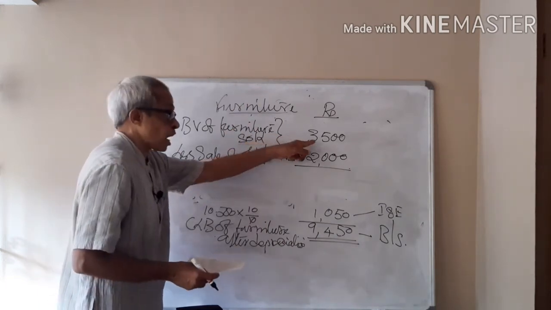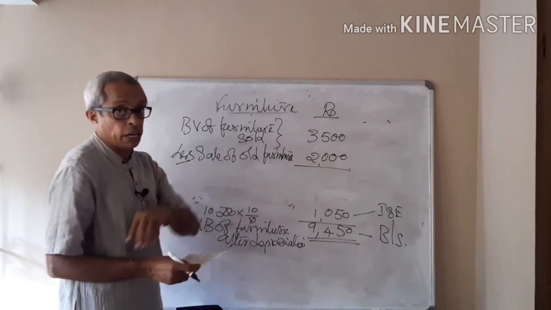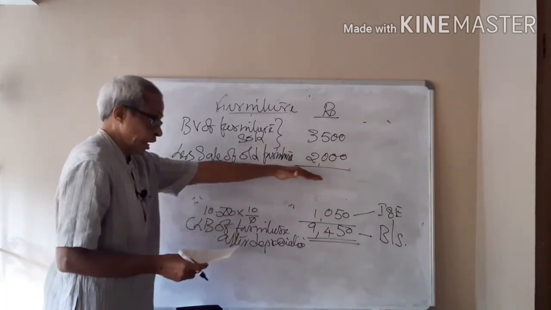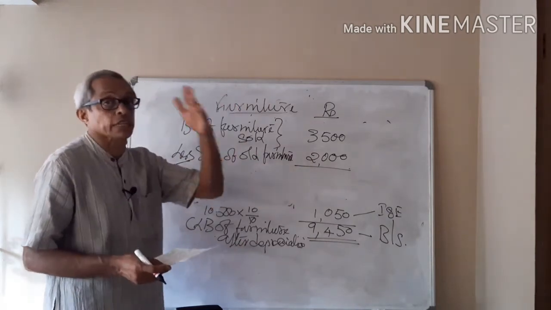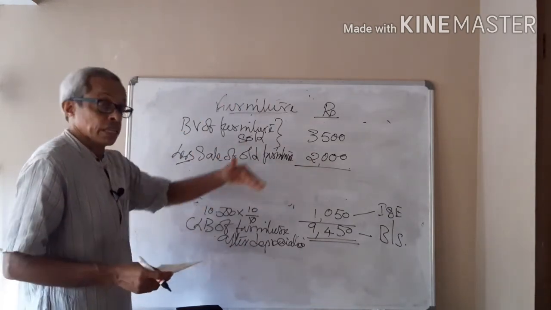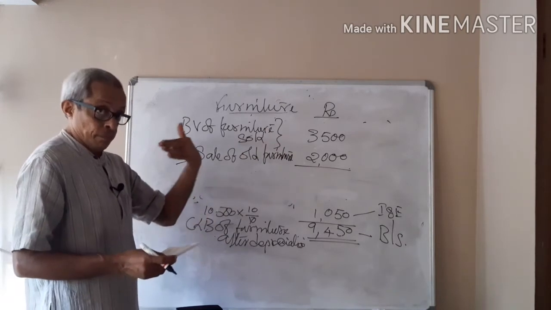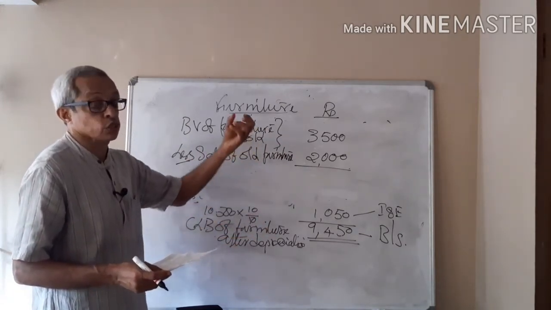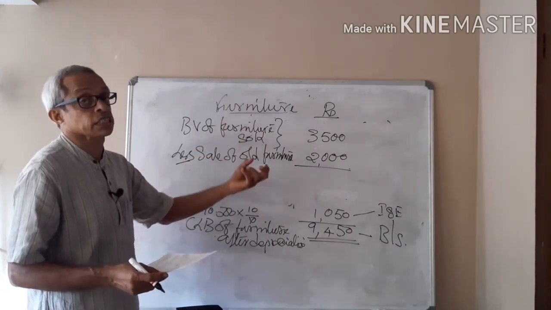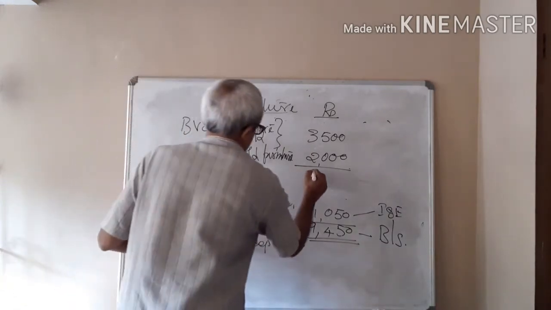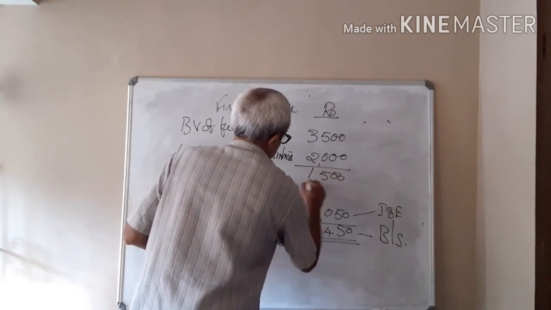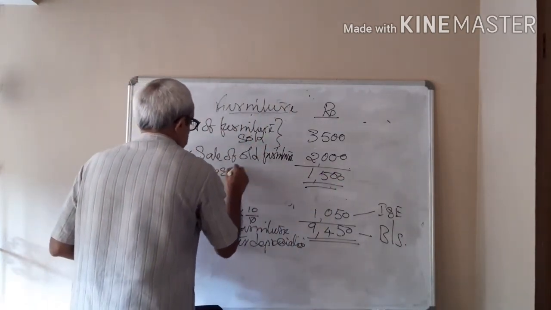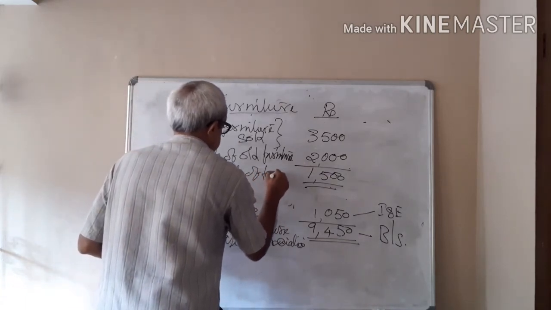The book value is higher than the sale value, or the sale value is less than the book value. Therefore, there is a loss on sale of the furniture. That loss may be shown on the expenditure side of the income and expenditure account. That is 1,500, the loss on sale of furniture.